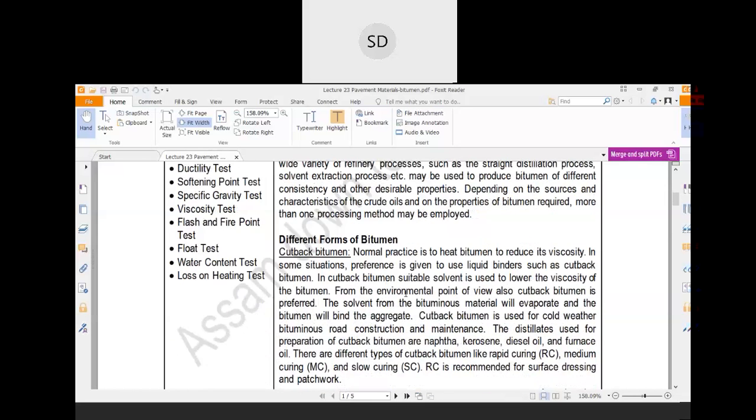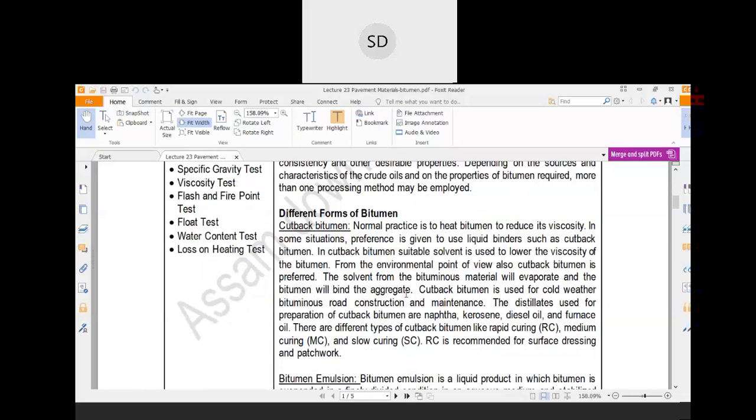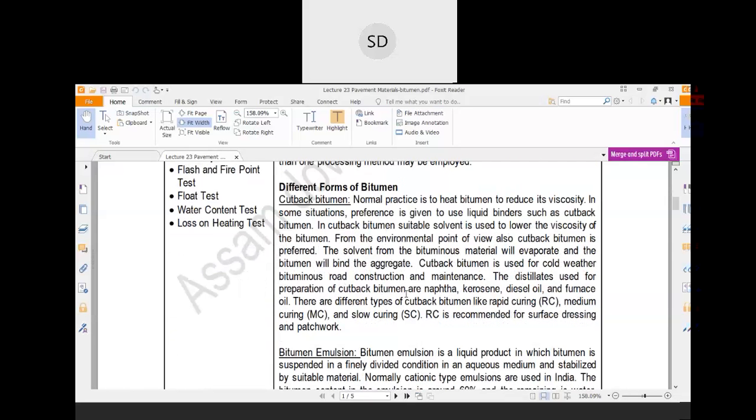Now, there are different forms of bitumen. The first form is cutback bitumen. Basically, bitumen is a thick material. In normal practice, you have to heat the bitumen to make it more like a liquid, and after that you can use it.